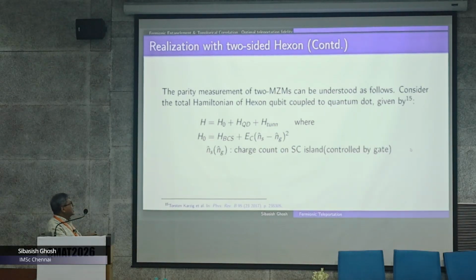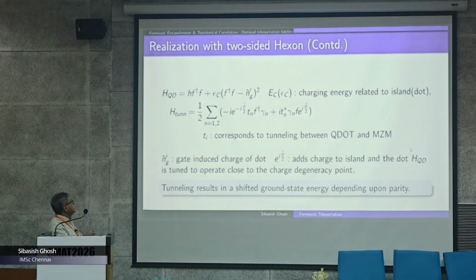Okay, so this is the kind of Hamiltonian that you consider for this braiding. This is a quantum dot Hamiltonian, this is the tunneling Hamiltonian, and this is your system Hamiltonian, which is the BCS one. This NS or NG is the charge count on a superconducting island, and this is controlled by a gate. I'll not go into those details.